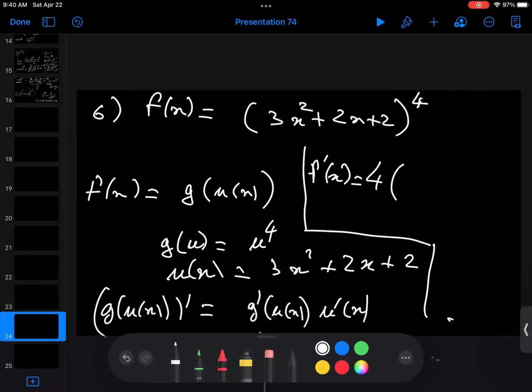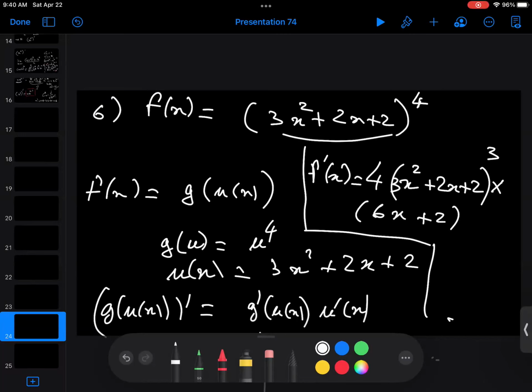I'm computing here the derivative of g. The derivative g prime of u is 4u to the third, but I evaluate it at u of x. So it's 4 times 3x squared plus 2x plus 2, to the third, times the derivative of this, which is 6x plus 2.